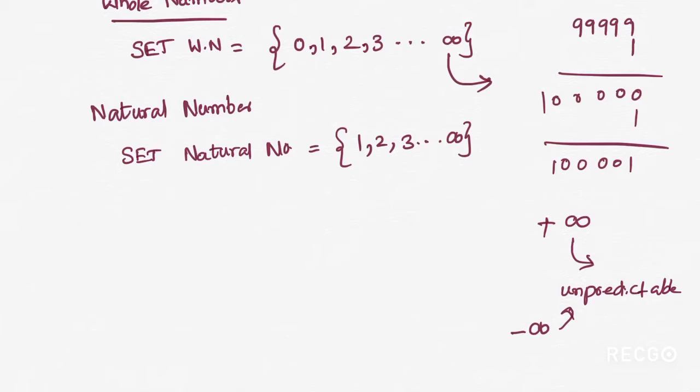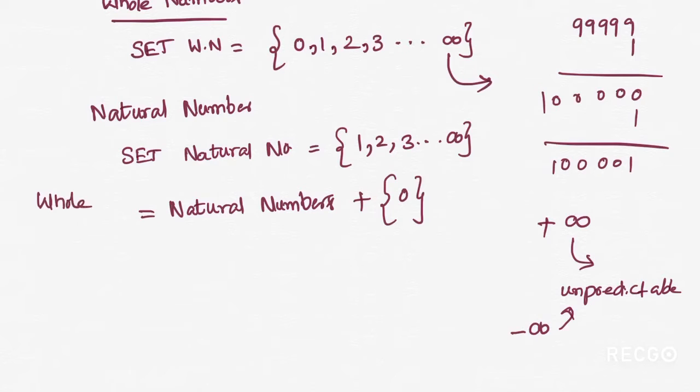It means natural numbers plus the number 0 is called whole numbers. And then we will go to rational numbers.